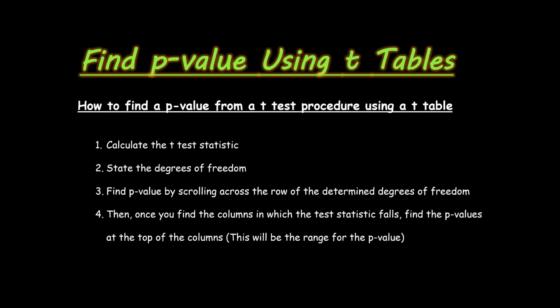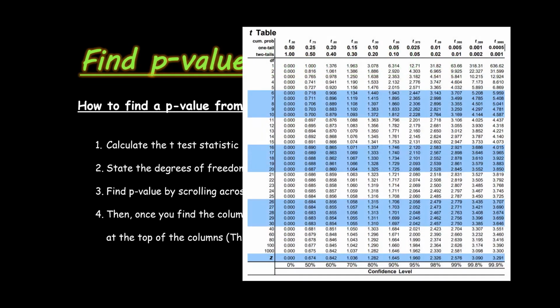So after you find the corresponding degrees of freedom, you want to find your p-value. You can do this by scrolling across the rows of your degrees of freedom, so all this stuff here in the middle.